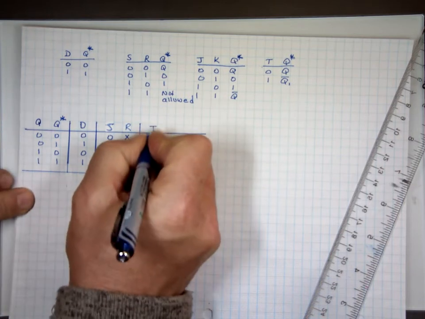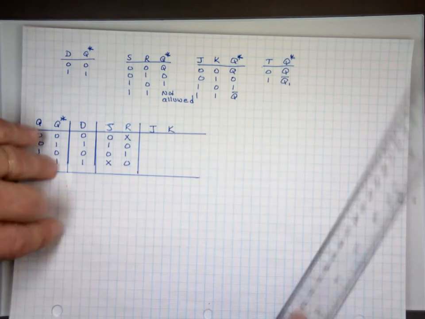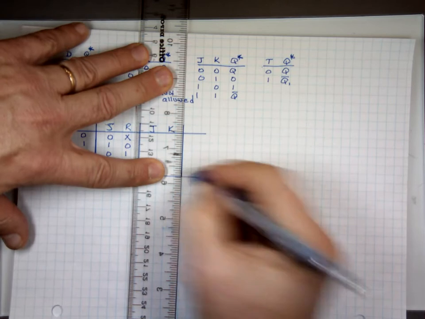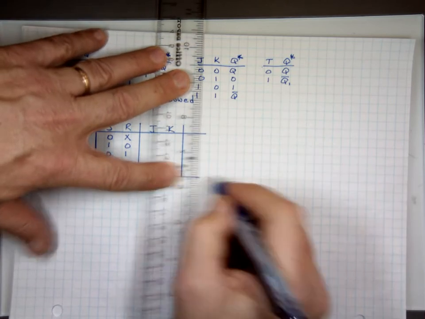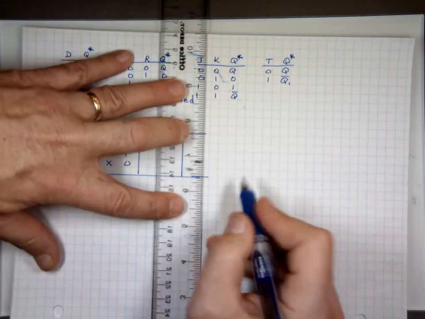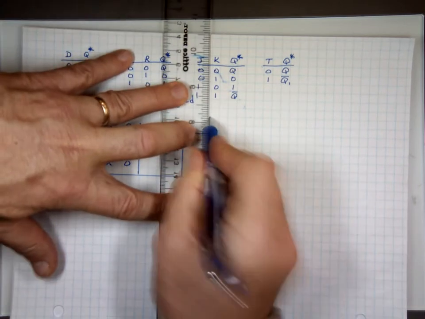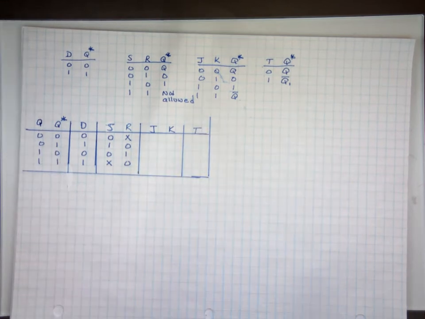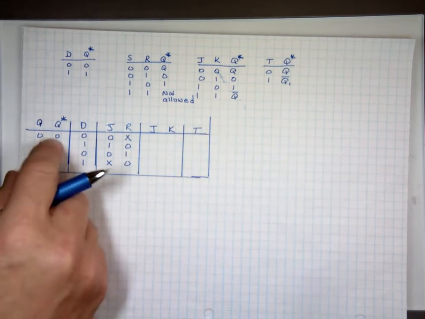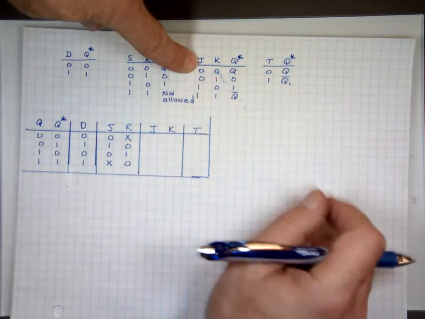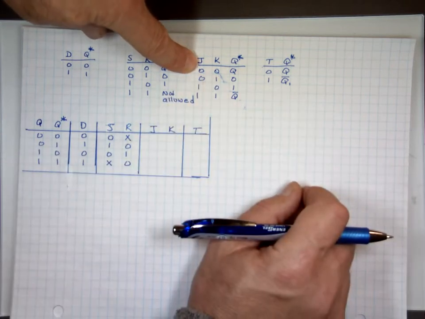The next one is the JK flip-flop. Let's look at the JK. To go from 0 to 0, keep it the same as long as J is 0 and K is 0, or 0, 1.